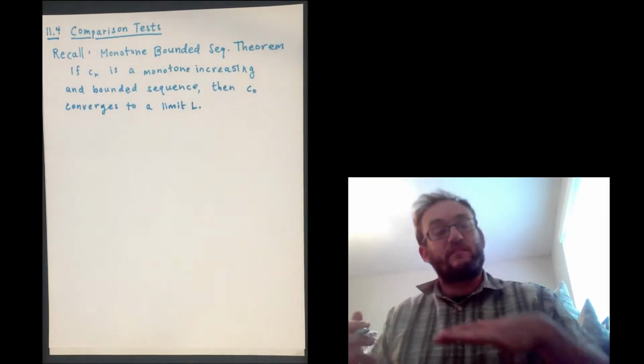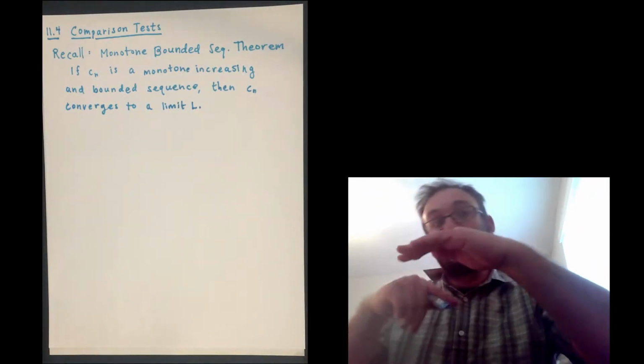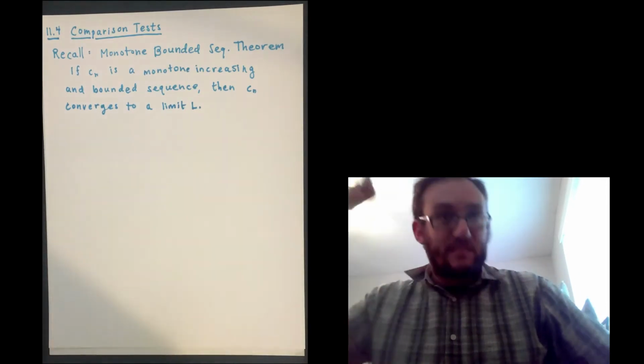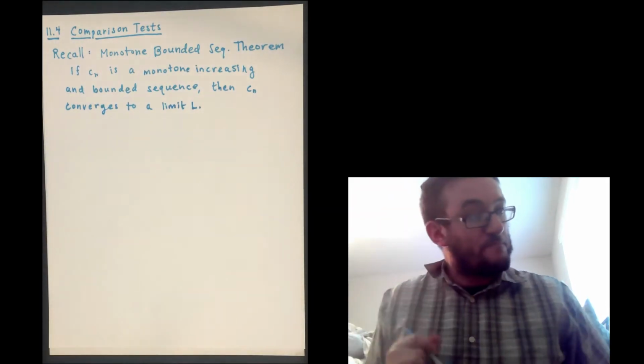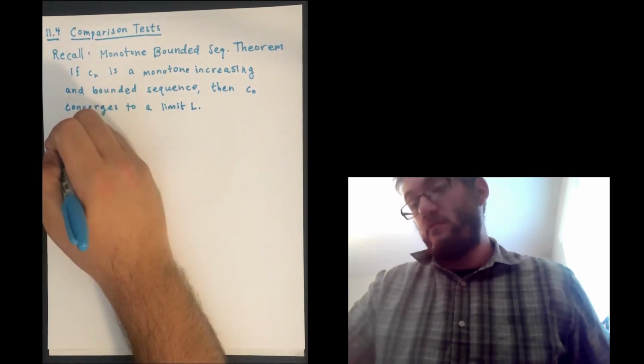And the bound is not necessarily the limit. The limit might be below the upper bound that we know about, but it's got to be somewhere at that bound or below.